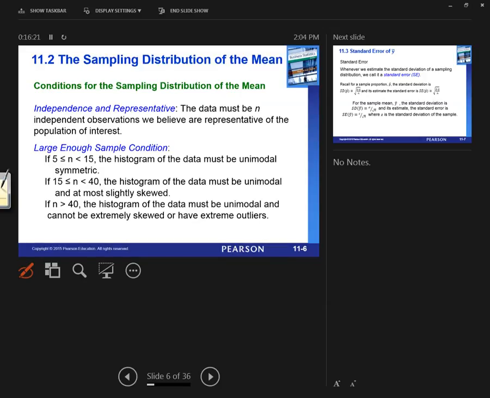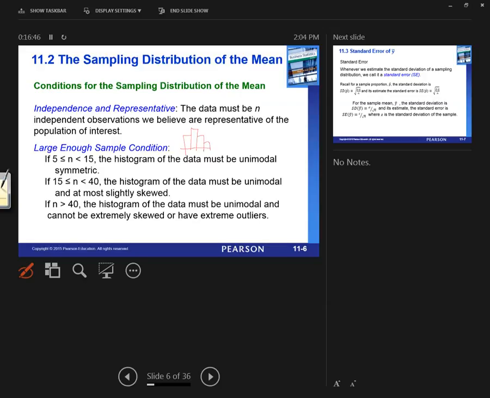Now we need the large enough sample condition, and I mentioned this in the homework. Small samples will not make the distribution much more normal than it was to start with. So if I have a small sample, it better be approximately unimodal and symmetric, maybe it looks like that.